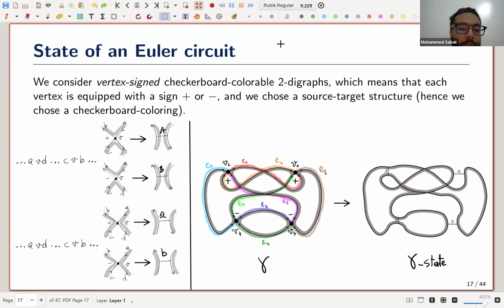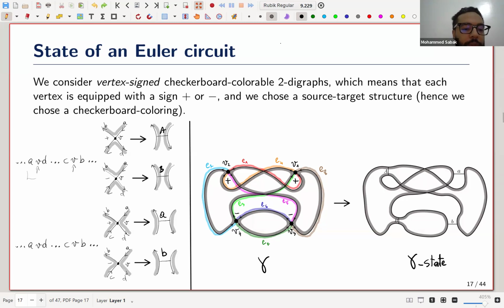And here at the left of the slide, you will see that I have some Euler circuits, and I have some vertex here, V. Let's say this is how V shows up in the alternating sequence that is the Euler circuit.